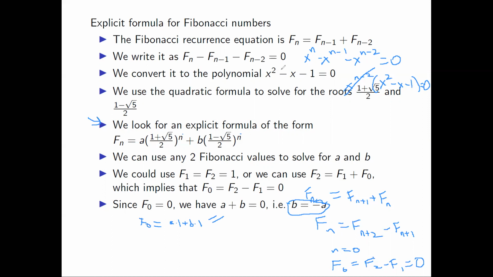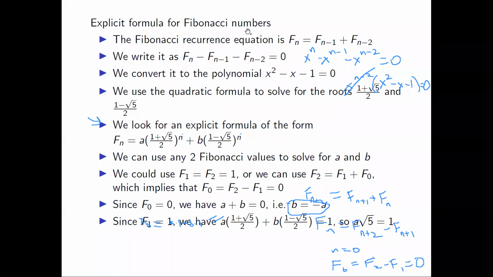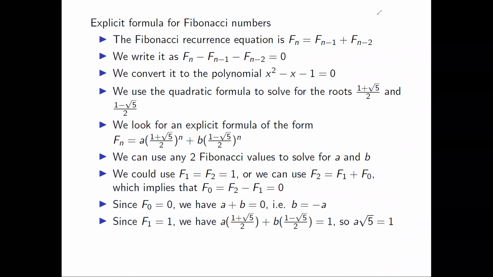And our other equation we get from f of 1. So f of 1, we see when we plug in n equals 1 into the equation. So the equation in the bullet right here, we plug in n equals 1 there. We get a times 1 plus the square root of 5 over 2 plus b times 1 minus the square root of 5 over 2 equals 1.